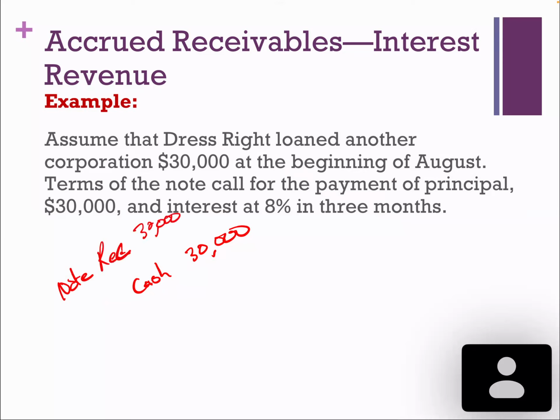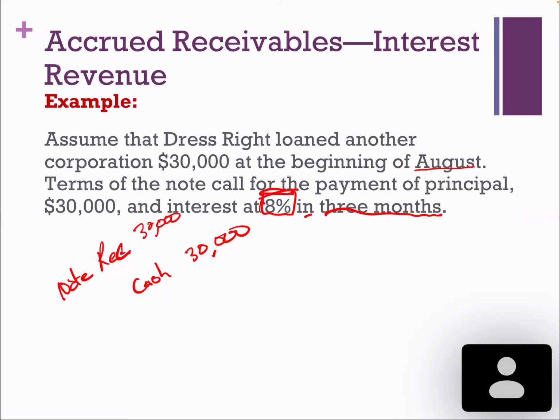So that's the original journal entry. This was done at the beginning of August. The terms of the note call for payments of principal, $30,000, interest of 8% in 3 months. It's saying 3 months, but this interest rate is still an annual interest rate. It's always annual. So that's our original journal entry.